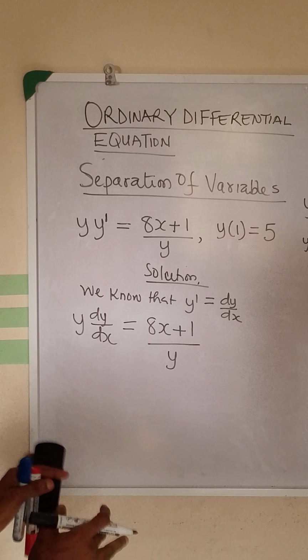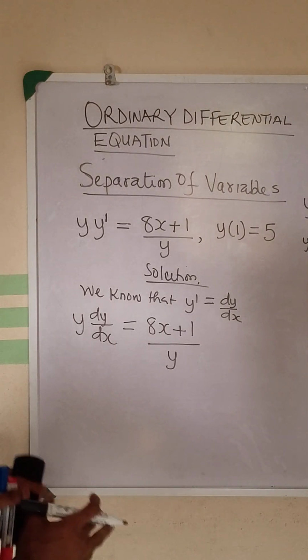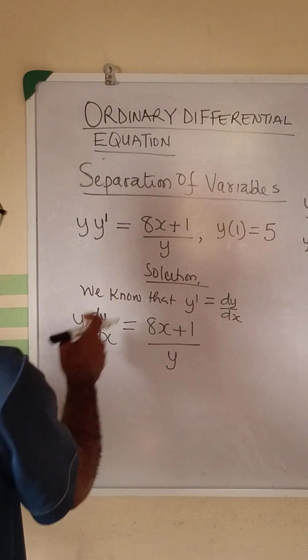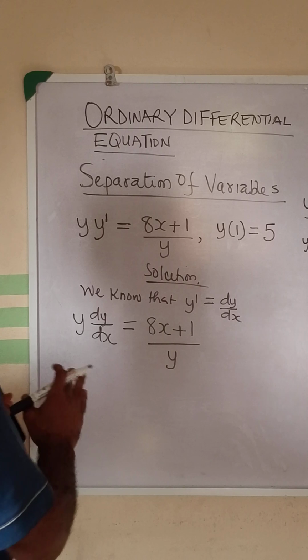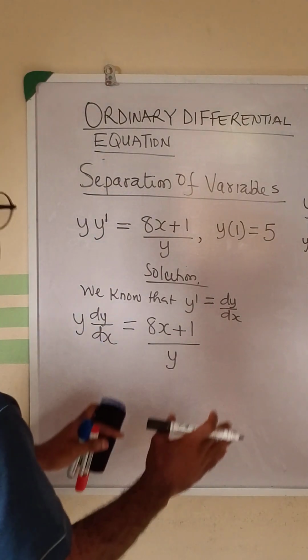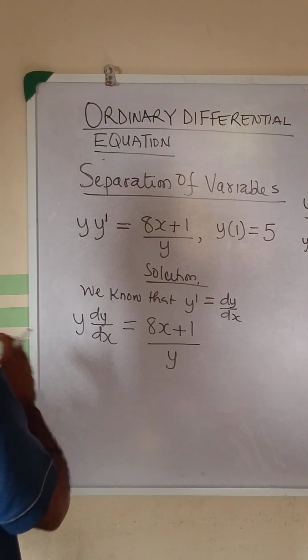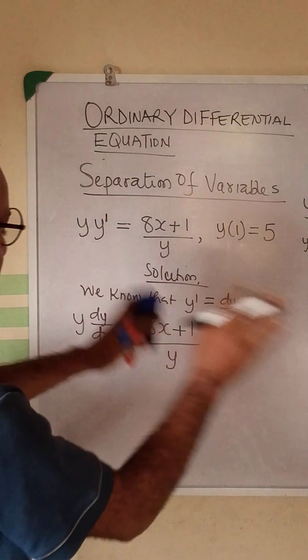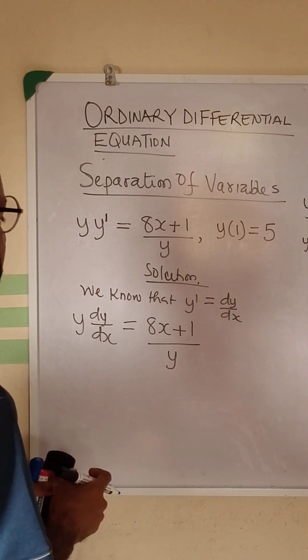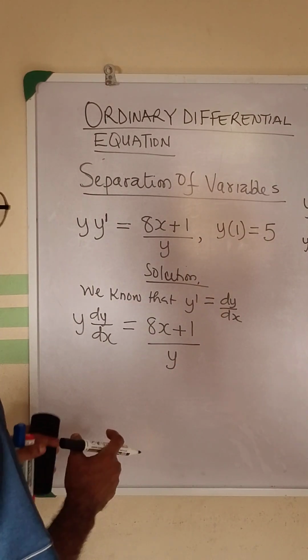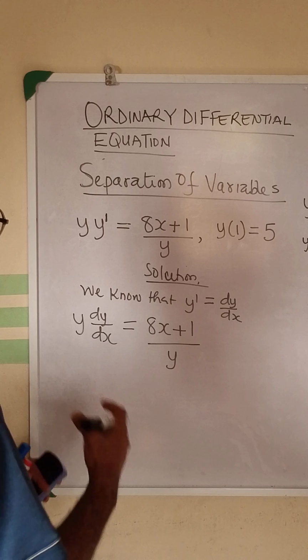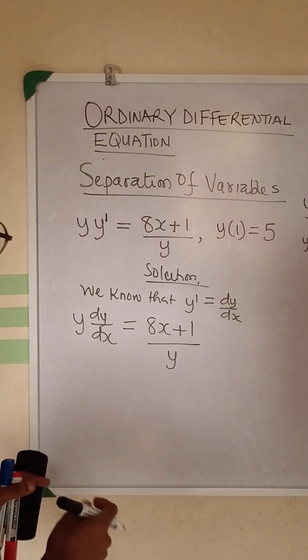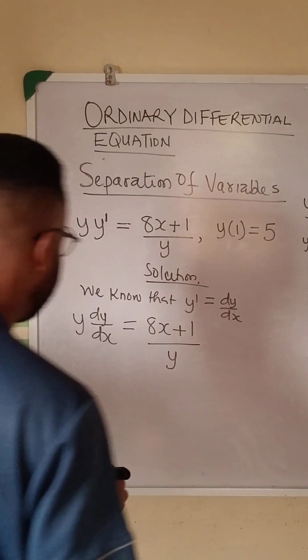And now if you look at this equation, you can easily or conveniently separate x from y. You can put y on the left hand side and then you can put x on the right hand side. So we are going to go through that process of mathematical solution to achieve that.